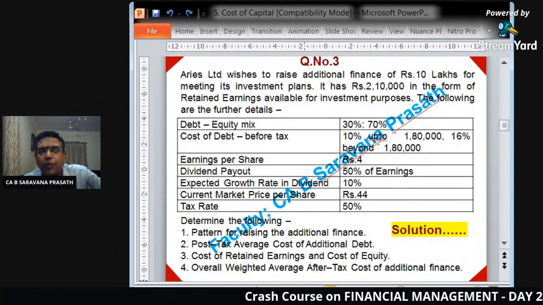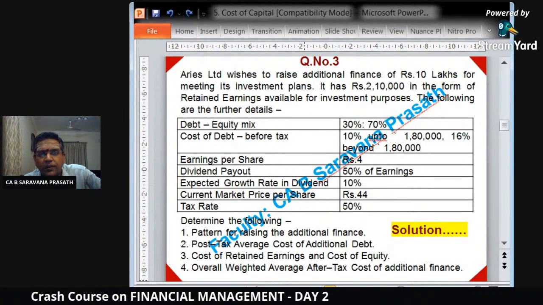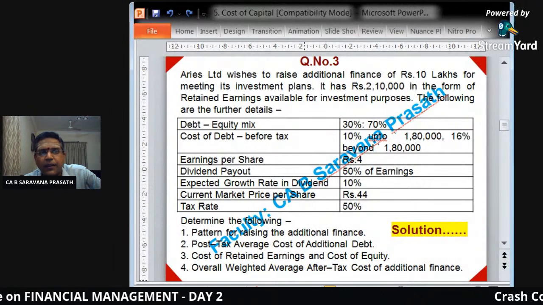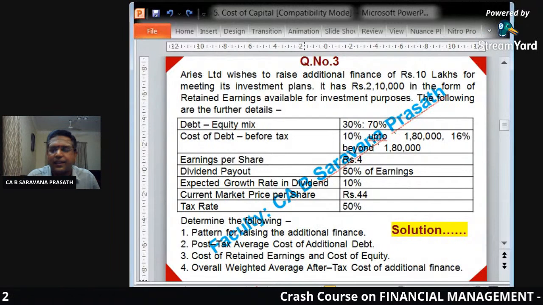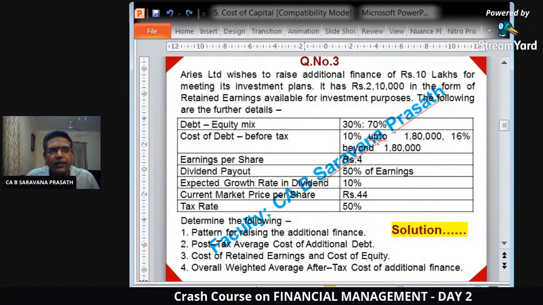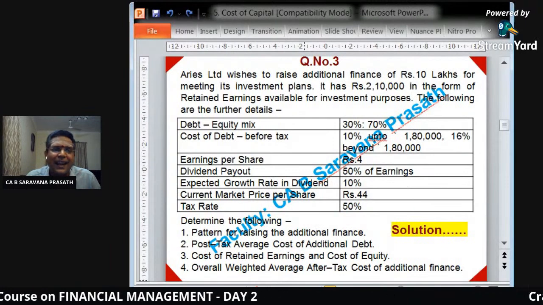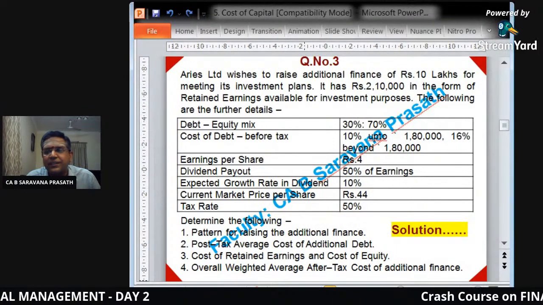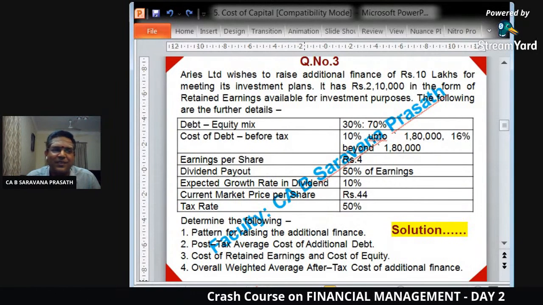The balance is own fund. Out of the own fund, preference capital to equity capital is 1:1. So equal distribution, 3 lakh and 3 lakh each. So correspondingly, each number divided by 10 lakh will give you the percentage in terms of weightage. That is the calculation for the previous one.